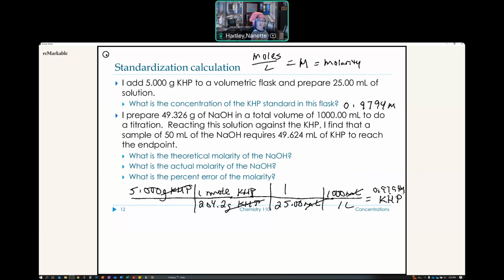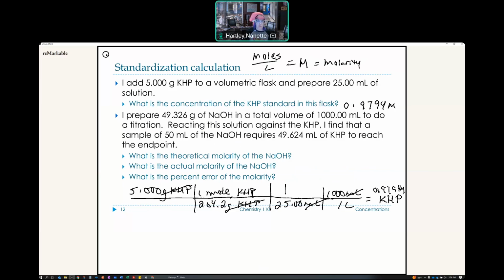So a couple of questions for you guys. What is the difference between theoretical and actual? My theoretical is based all in calculations. Okay, so that's my theory, is based all in calculations. So that's the stuff on paper. My actual is based on what I found in the lab.